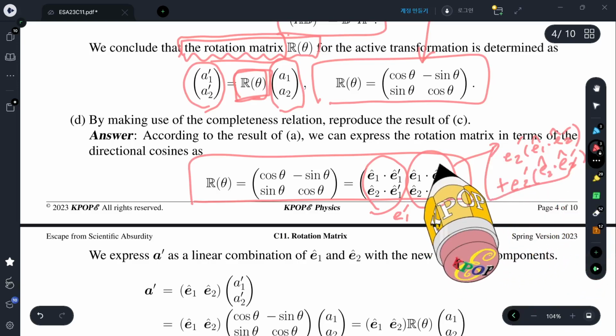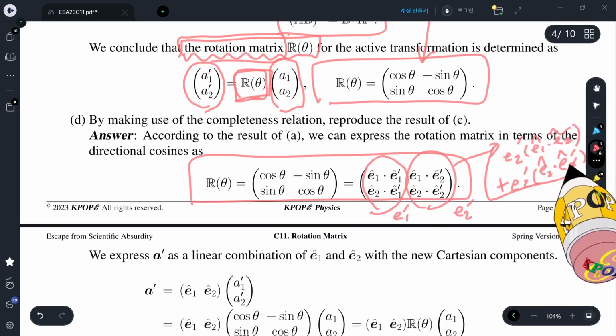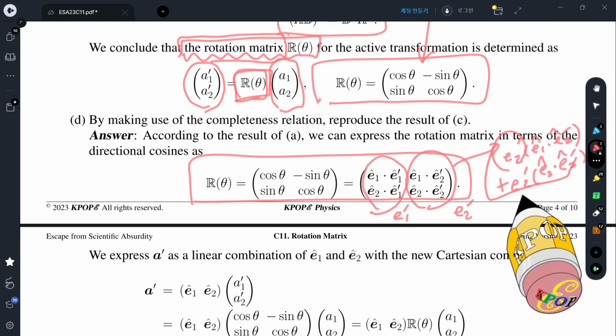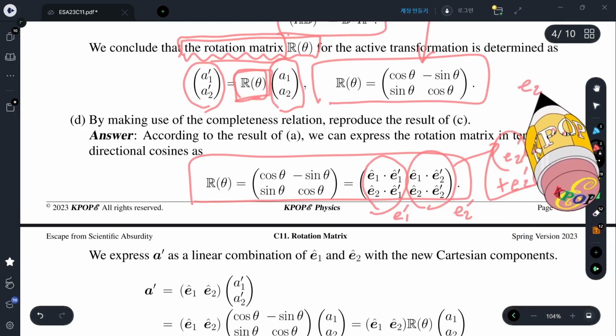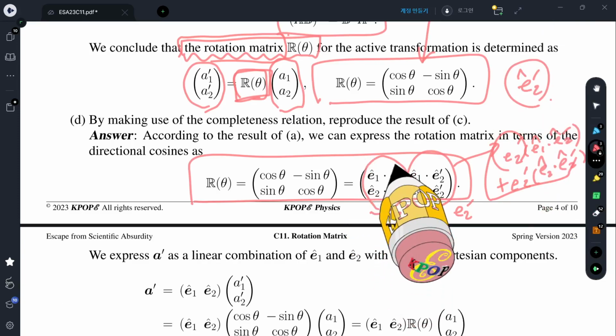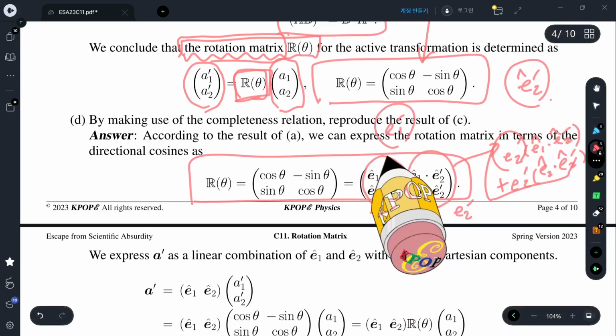If I sum these two, after E multiplied by E2 prime, this one represents nothing but the E2 prime vector. And this one, in a similar manner, is the E1 prime vector.